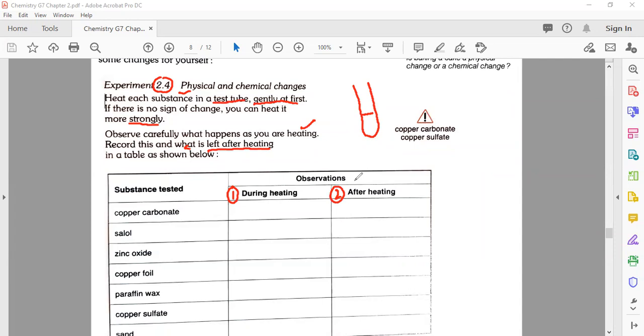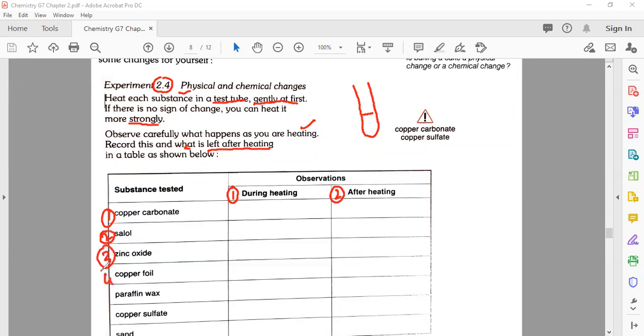So the substances, or you can say the chemicals, that you need to observe in a lab. Number one, copper carbonate. First you will heat, during heating what happened, and then let it cool, after heating what happened. This is the second one. Then zinc oxide, 3.